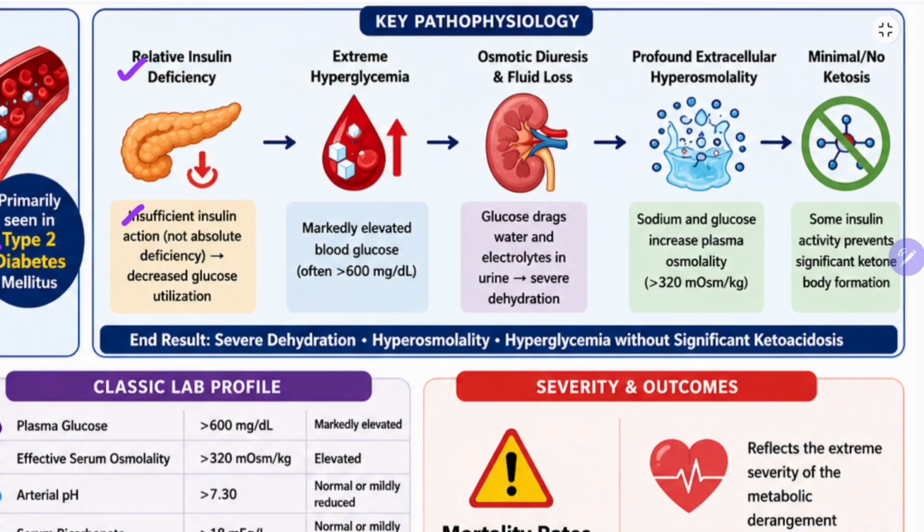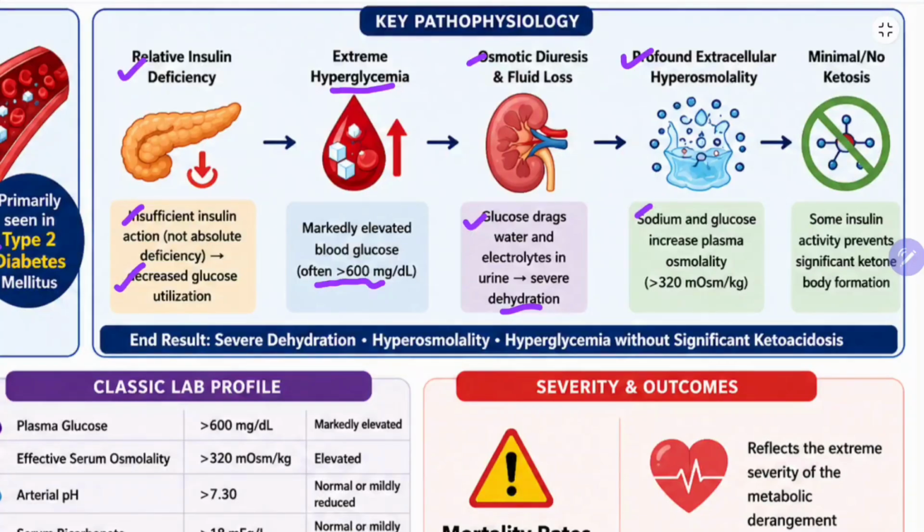So it is insufficient insulin action, not absolute insulin deficiency. That's why there is decreased glucose utilization that will cause extreme hyperglycemia and markedly elevated blood glucose, often more than 600 milligram per deciliter. That causes osmotic diuresis and fluid loss; glucose drags water and electrolytes in urine, which causes severe dehydration and profound extracellular hyperosmolality.